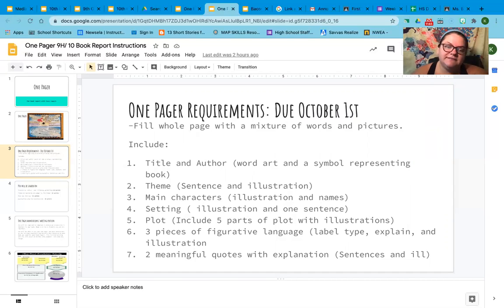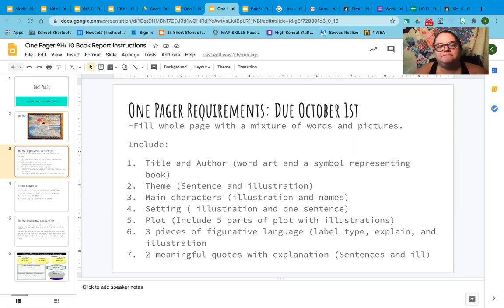Then next, I want you to list the main characters. If there's a bunch of main characters, just narrow it down to between 3 and 5 of the main characters. Okay, don't have every single character listed. They're not the main characters. And then next, you have to have the setting, which is the time and place, right?